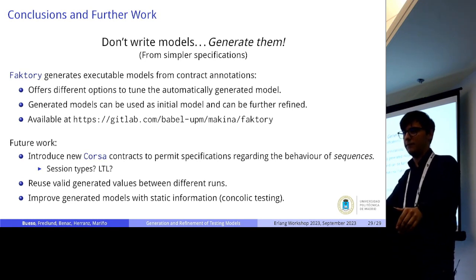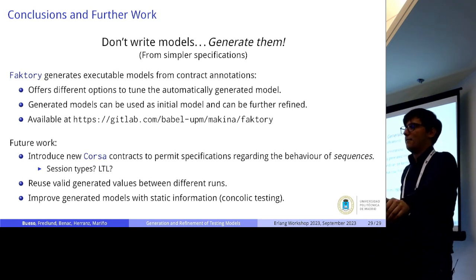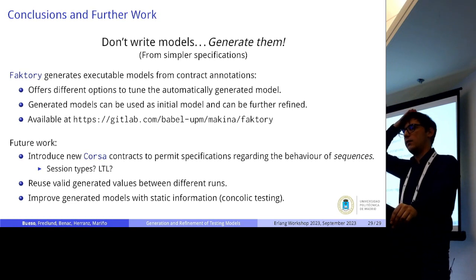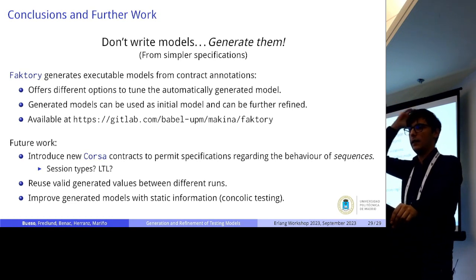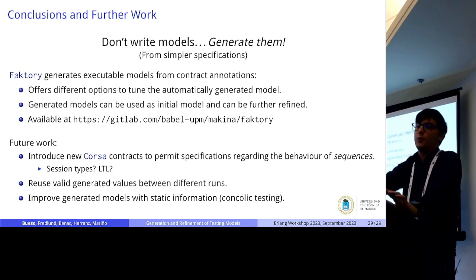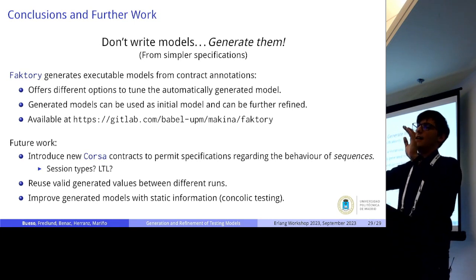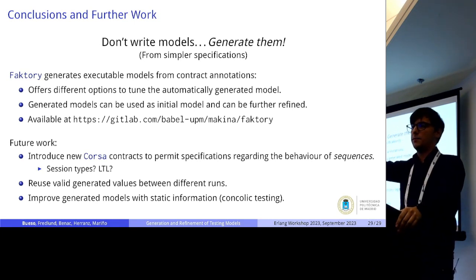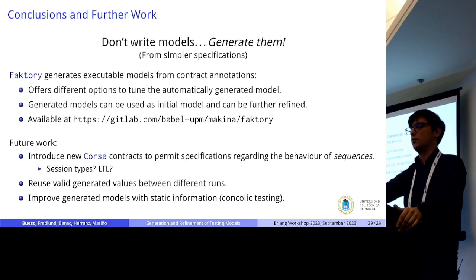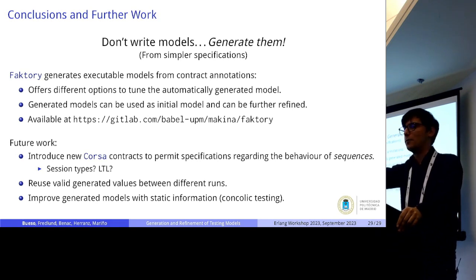And how much manual work do you need to do to get good results? Well, it depends on what you call good results. Just by adding this use Faktory annotation you have something executable, but you need to add specifications with pre and post conditions to have some sense of what is going on.